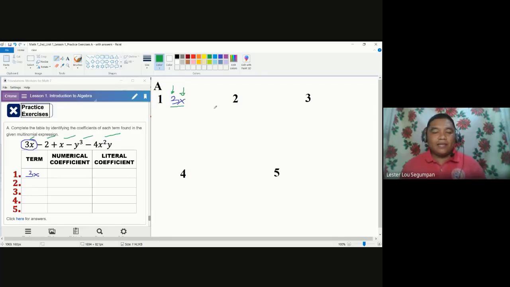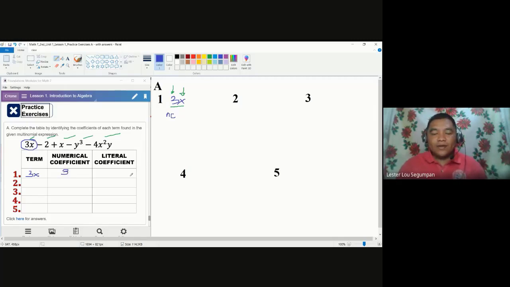Well, probably later on we could say that x might be equal to 1, but not all the time. We can also say x may be equal to 1 half, x would be equal to -4, and so on and so forth. In short, 3 here is the constant. This is our numerical coefficient. So our numerical coefficient for term number one is 3.